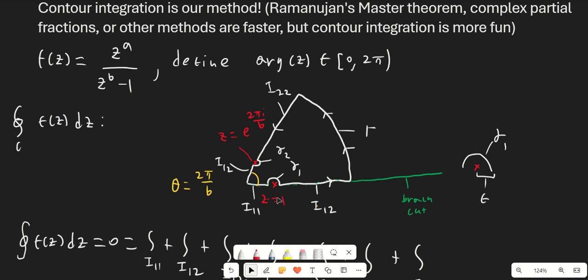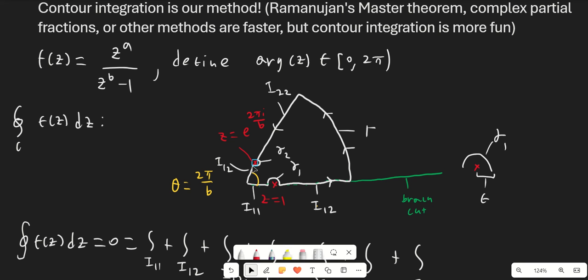Then, of course, we have to avoid this singularity, and then we go up around in this circular arc. Then we come back down, and this ray right here coming out from the origin is at an angle 2 pi over b from the real axis. And so we come back on this ray right here, and then we end up doing the same thing with the Cauchy principal value in the small circle.